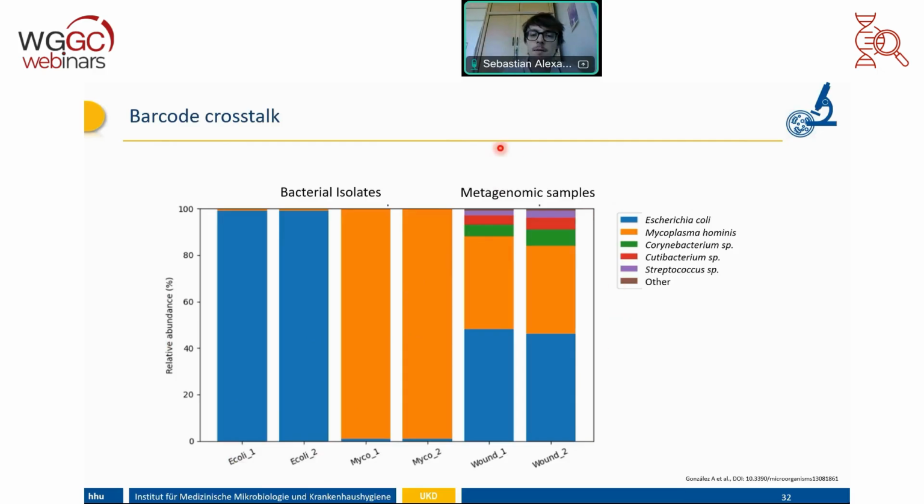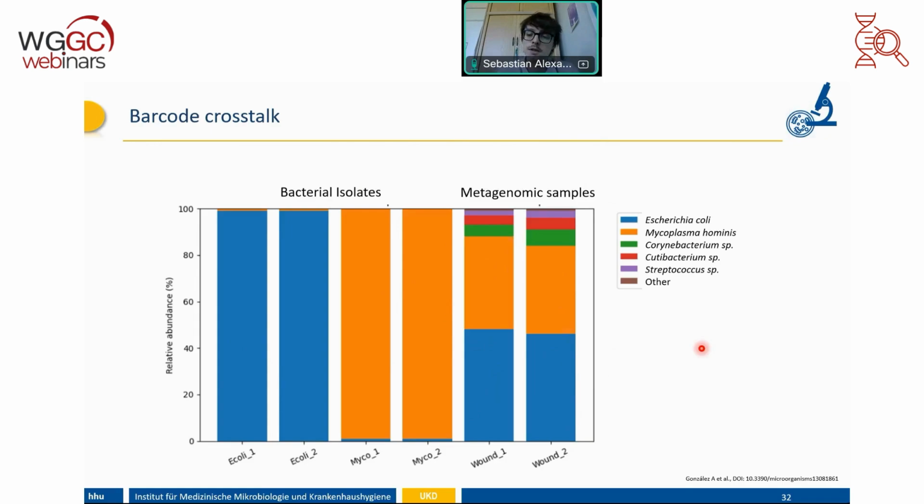And after this, the relative abundance looked like this. So around 50% of our samples consisted of isolate 1 and the other 50% of isolate 2. And this was strange, and we repeated this experiment and could show that it was not a wet lab contamination.